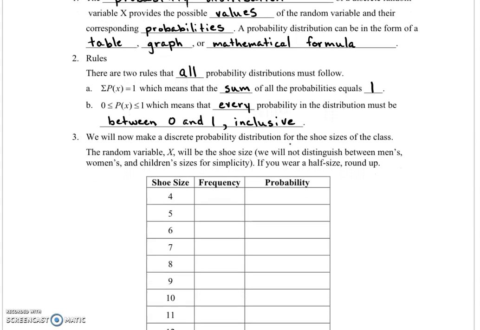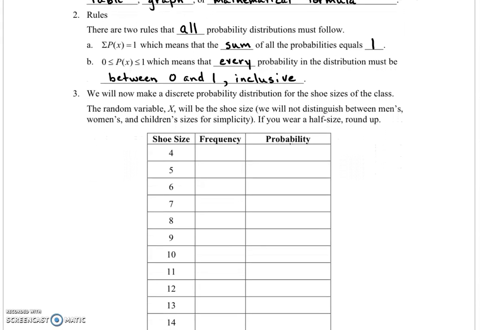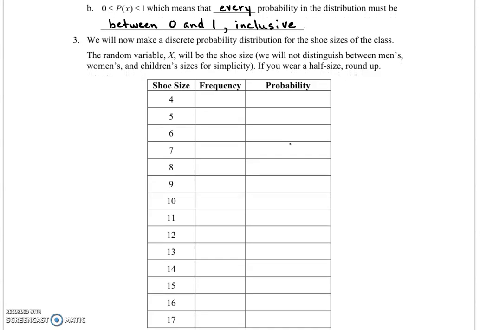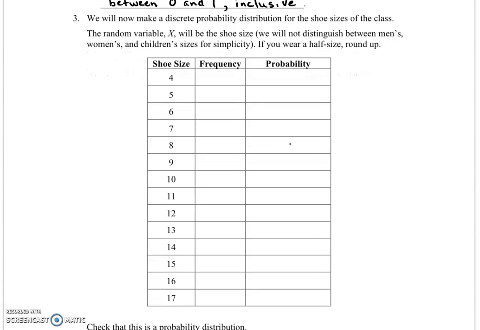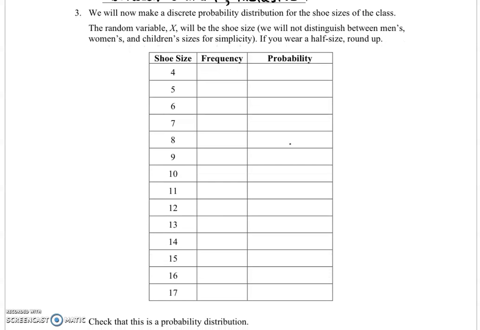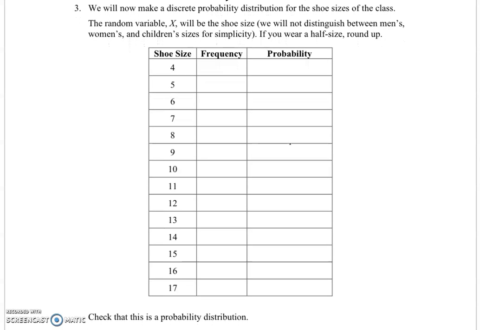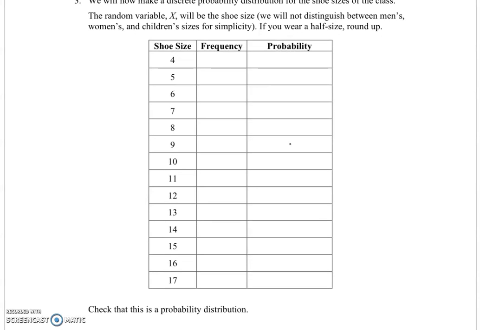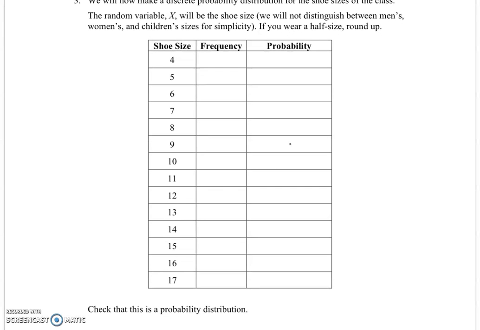Now, normally when I am on ground, we take a poll and we make our frequency and probability table for a discrete probability distribution for the shoe sizes of the whole class.